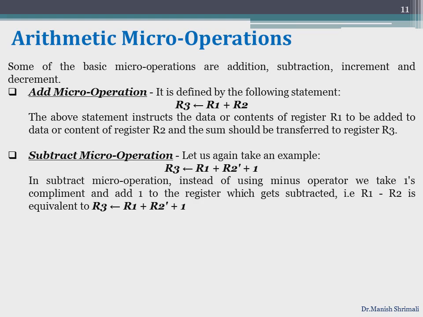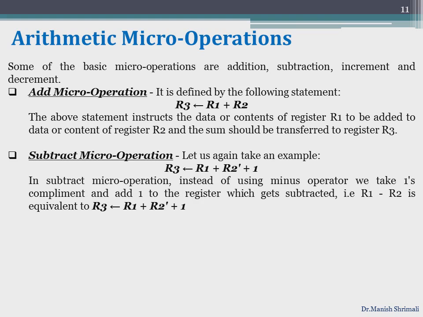In the case of the subtract micro operation, as you can see in the example, here the contents of R3 are replaced by the contents of R1 added to the contents of R2 by taking the one's complement of R2 and then adding 1 to that.